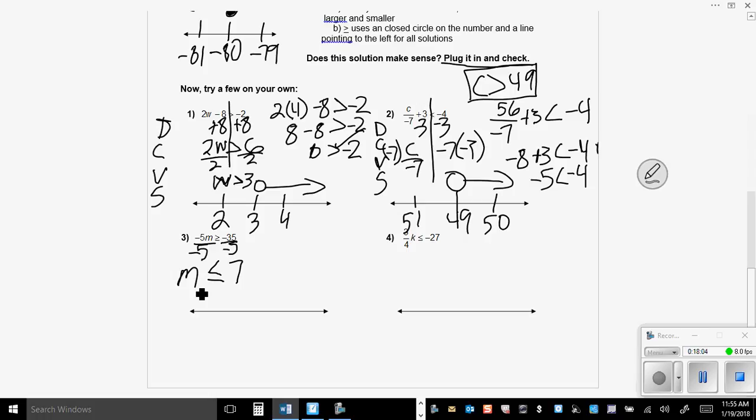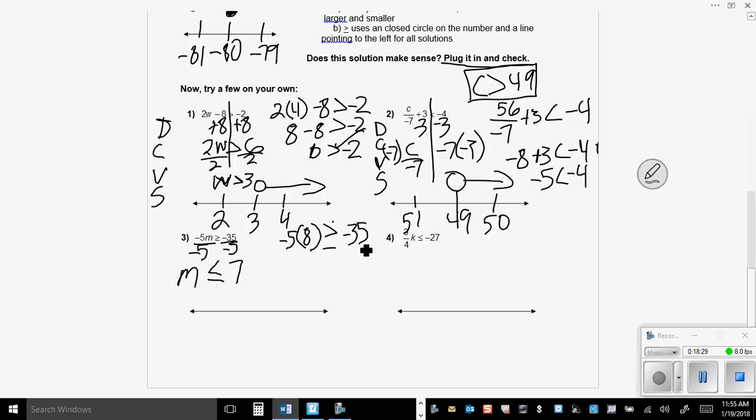Let's plug it in. Let's try 8. So the next number from 7 is 8. So we'll go negative 5 and we'll plug in 8, and we'll go greater than or equal to negative 35.